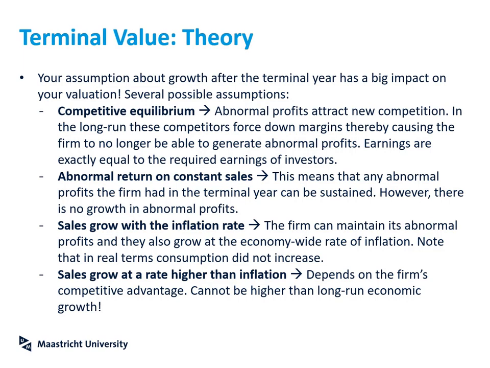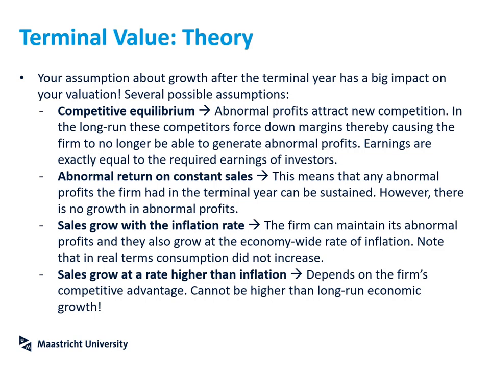Now, as discussed before, we split the life of the firm into two components or two time periods, one being the forecast horizon. So it's for this period that we actually make detailed forecasts, and we group all of the years after that into this terminal value.